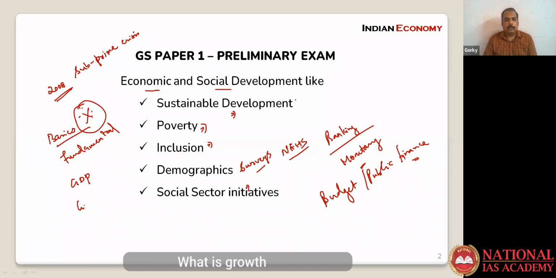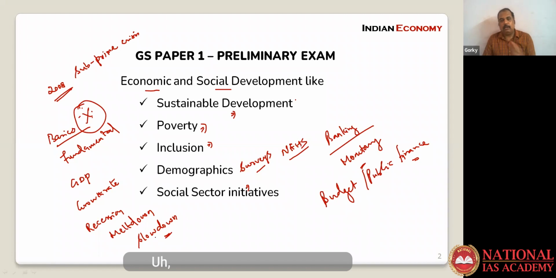What is growth rate? With this, they just tested what is recession, what is meltdown, what is slowdown. It is just a match question. What is recession? Fall in GDP. Meltdown: crash in stock exchanges. Slowdown: growth rate slowing down.